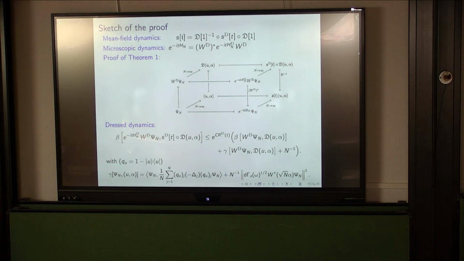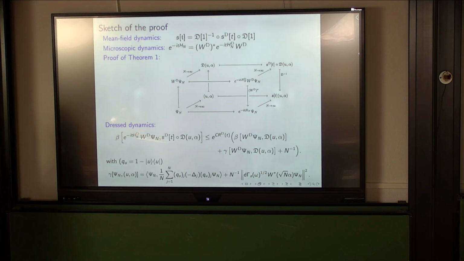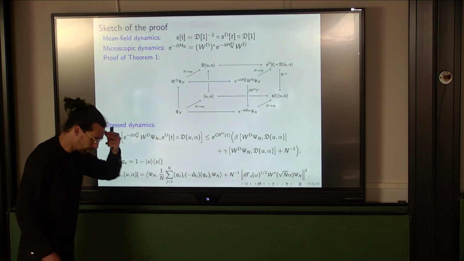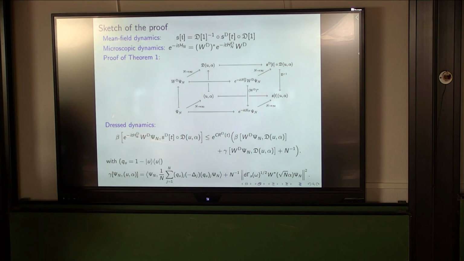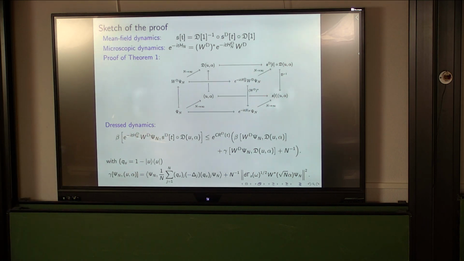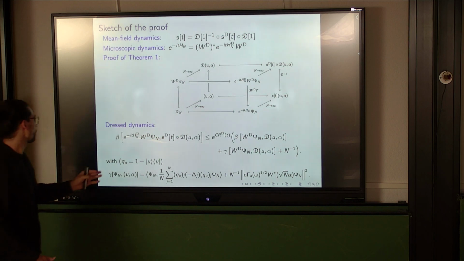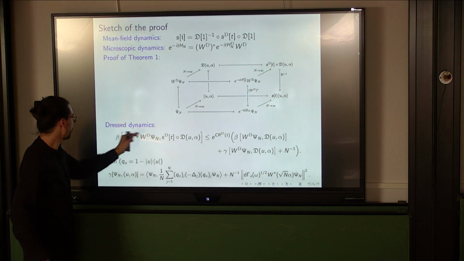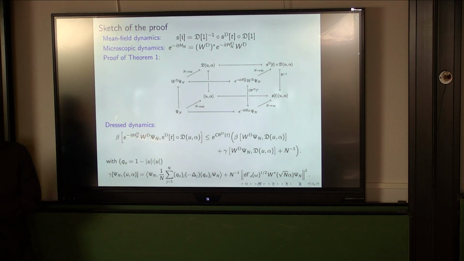To derive this result, one can use energy estimates in the spirit of the paper of Lewin, Nam, Schlein from 2015.